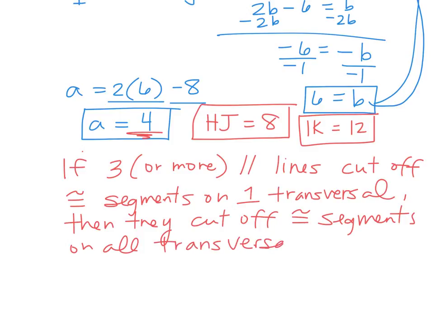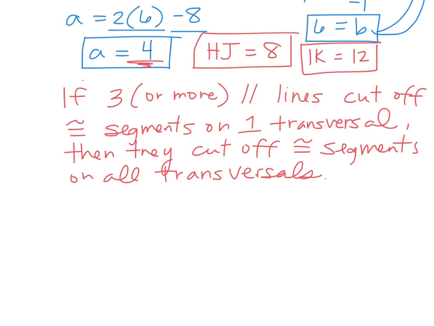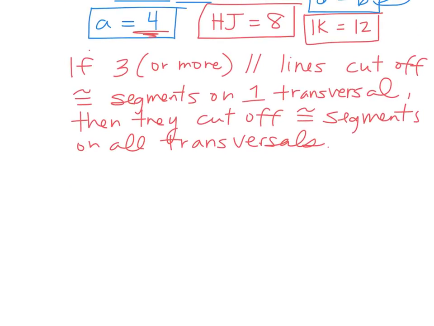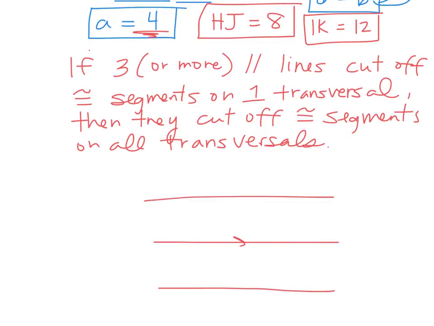I'm going to show you. Okay, so here's what the theorem is saying. If I have parallel lines, these are all parallel. If I were to draw a transversal in right now, the blue is my transversal.